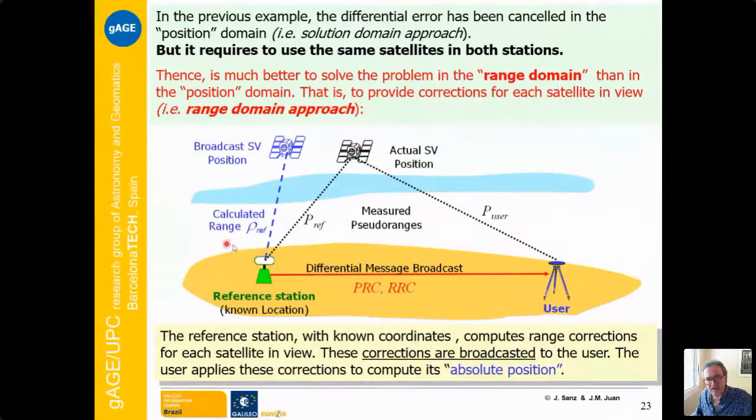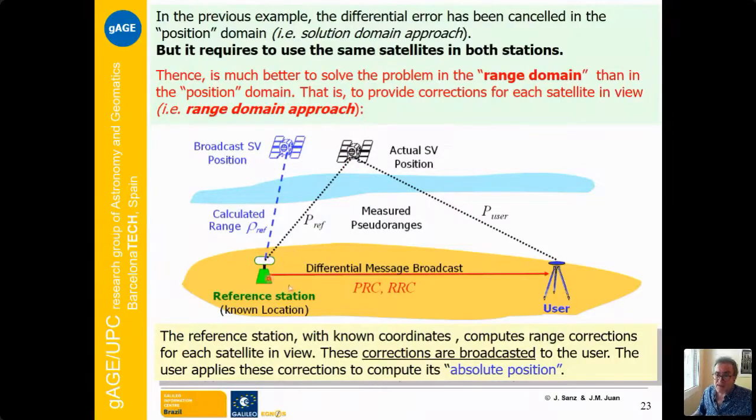Then, using this information for each satellite in view, where we have information about the error in the satellite coordinates using the broadcast, and errors in the pseudo-range due to the satellite clock offset and atmospheric propagation, we can compute a satellite correction.